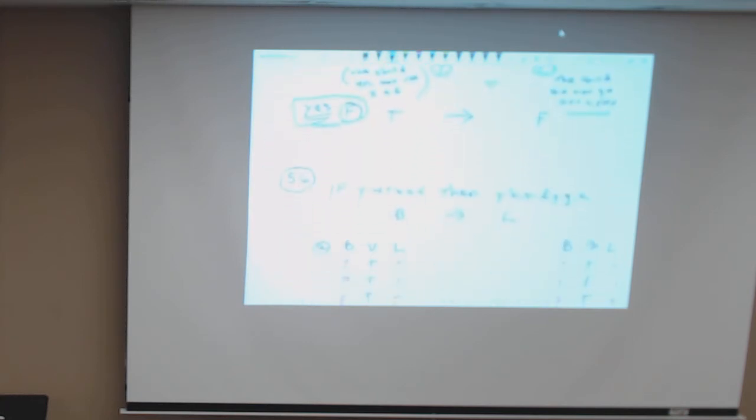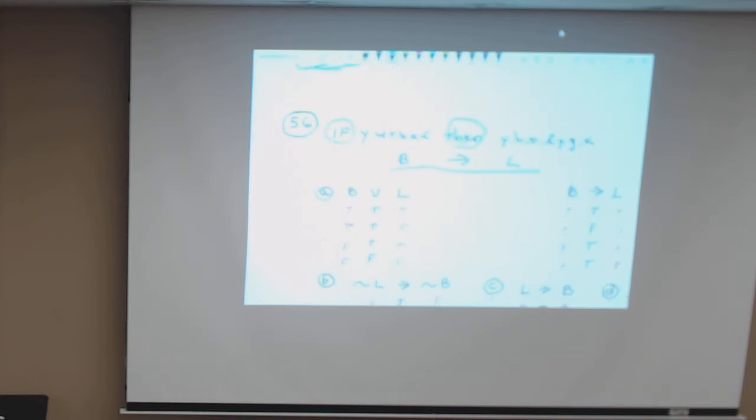Number 56. If you want to buy organic food, you have to let your grocer know. So if you want to buy organic food, then you have to let your grocer know. Number 56A. You want to buy organic food, or you let your grocer know.